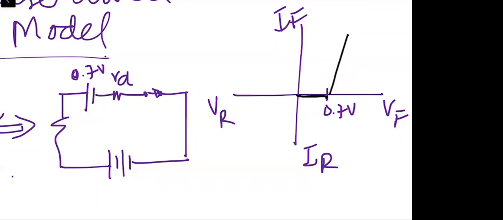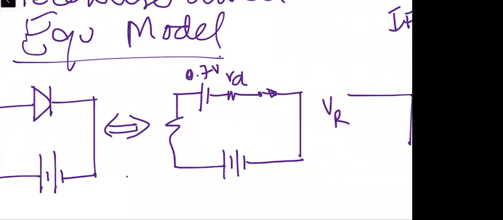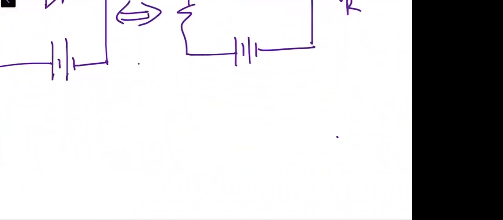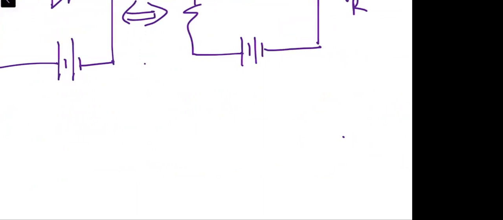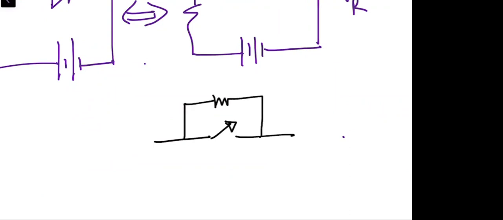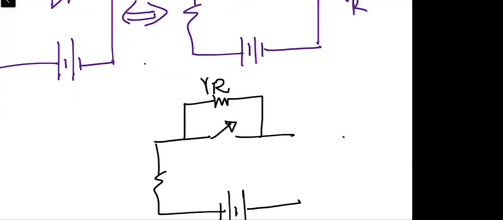Okay, so when we take a look in the reverse direction, it can be taken as an open switch, but at times it is also taken as an open switch in parallel to a very high reverse resistance, which is normally called RR, connected in such a fashion that the diode is reverse biased.